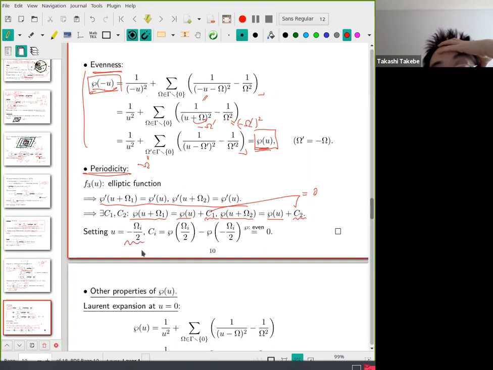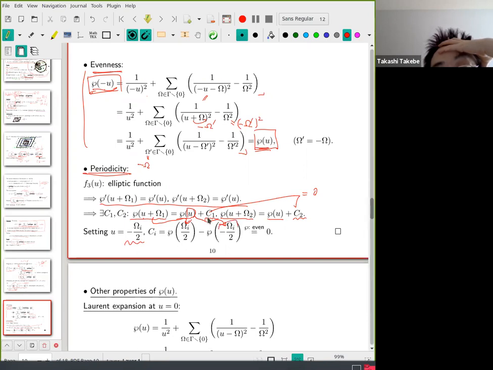Well, just put u equal to minus omega 1 or omega 2 over 2. Then this part becomes omega i over 2. And this is, of course, this.